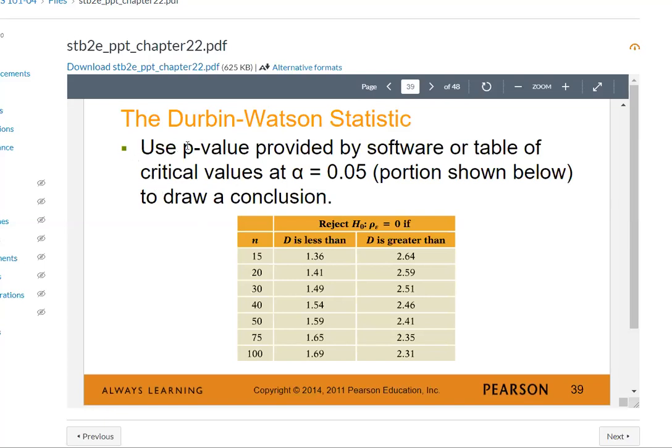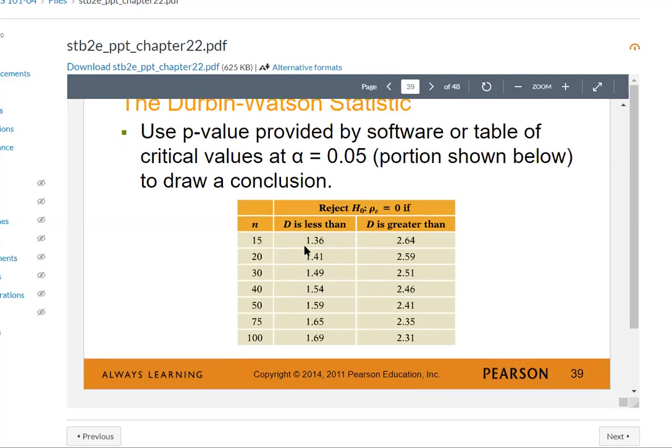And one way is to use the p-value provided by software, with the table critical values at alpha 0.05. But another way to do this is using the value of D. So you can see, it depends on how much data you have, on the sample size. That's your sample size on the left-hand side. You have different ranges of values. What are these ranges of values? If D, coming from software, is between these two numbers, residuals are independent.